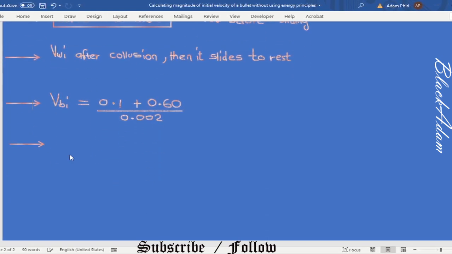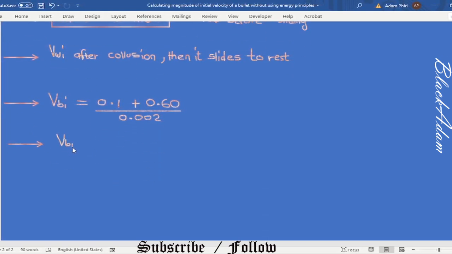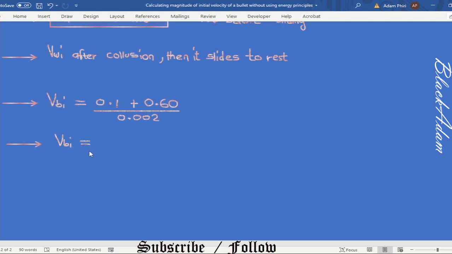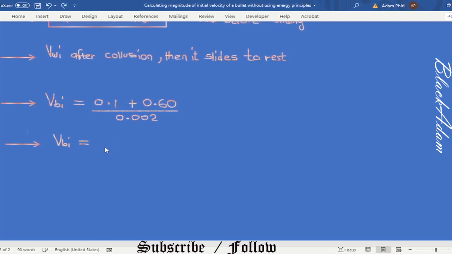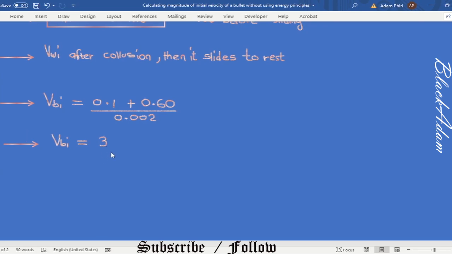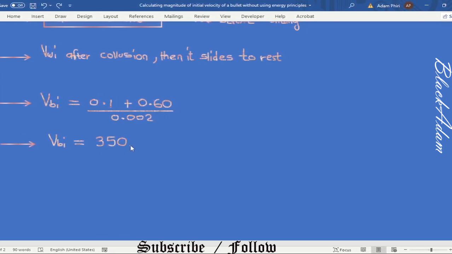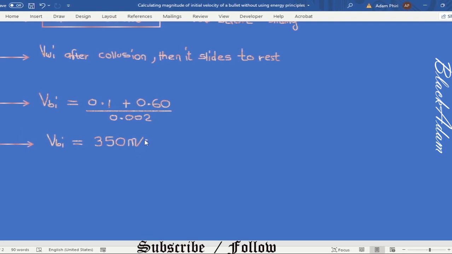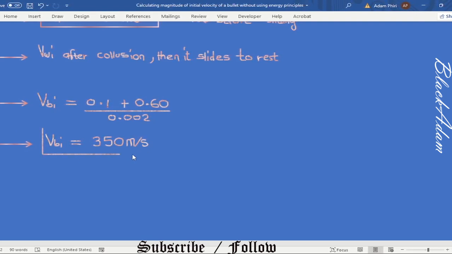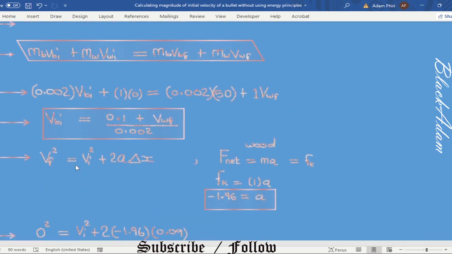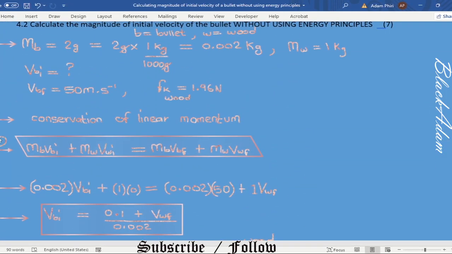So you add 0.1 plus 0.60, and the answer is 0.70. Then you divide that by 0.002 to give you 350 meters per second. So that's fair, that's the normal speed of a bullet.